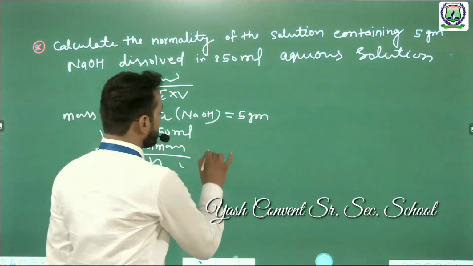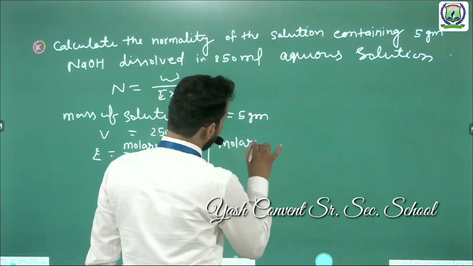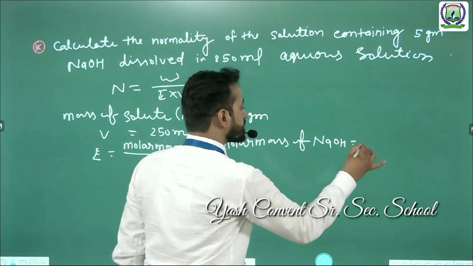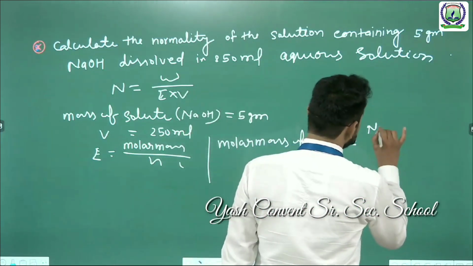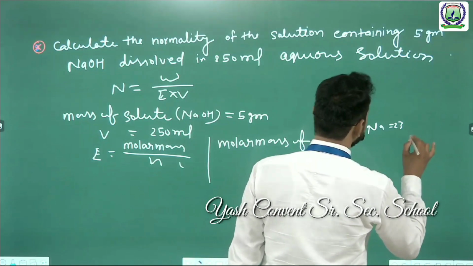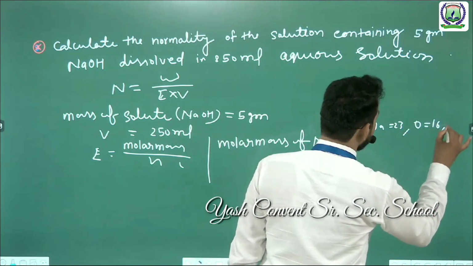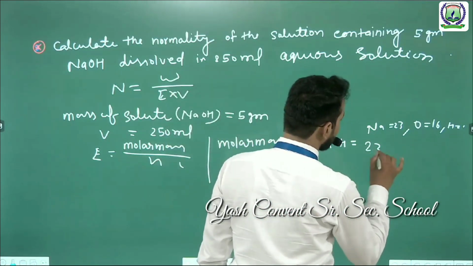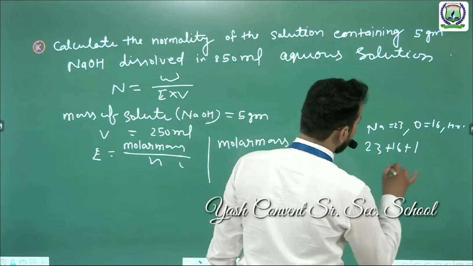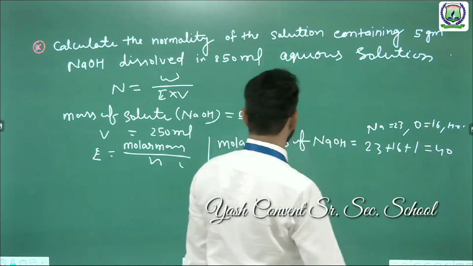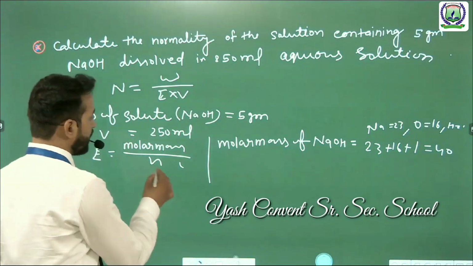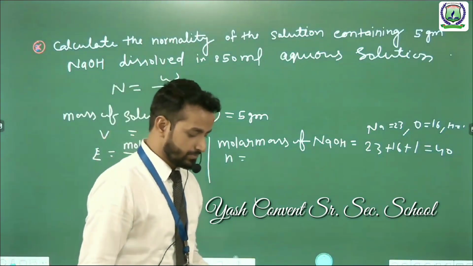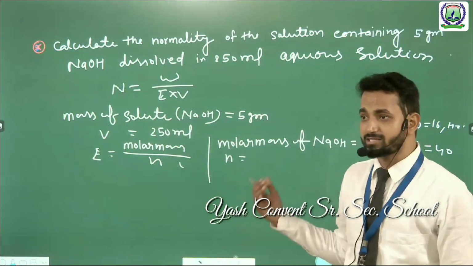The molar mass of NaOH is the atomic mass of sodium, which is 23, oxygen 16 and hydrogen 1. Then the molar mass of NaOH is 23 plus 16 plus 1, which is 40. NaOH is a base, so the value of n depends upon its acidity.